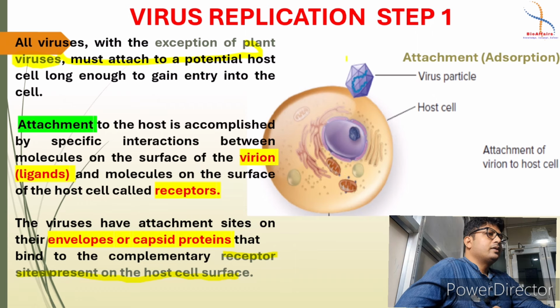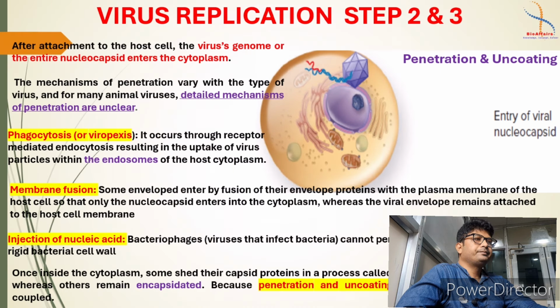Here I have given a representative picture also. It is a non-enveloped nucleocapsid virus attaching to a cell. This is the host cell. As you can see, the nucleus, Golgi apparatus, and mitochondria are present. This step is mandatory to initiate an infection or to start the progeny formation.